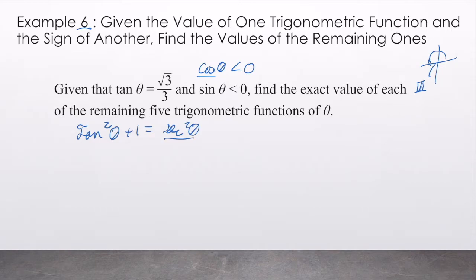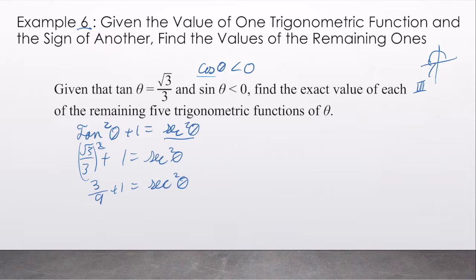So I have square root of 3 over 3 squared plus 1 is secant squared theta. So I have 3/9 plus 1 is secant squared theta.